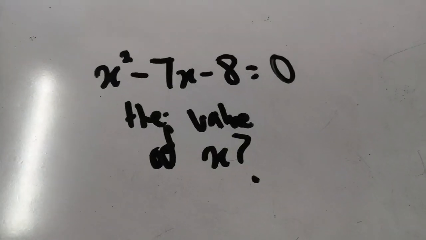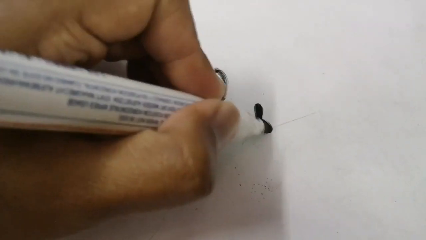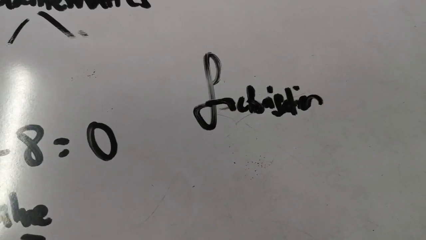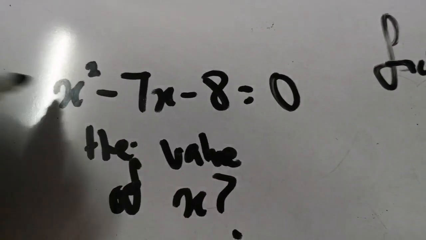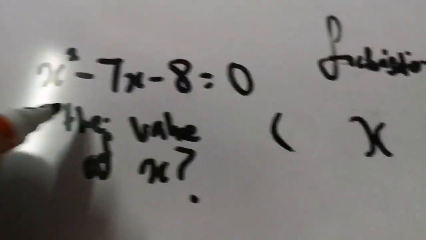At first, we use the process called factorization, so we factorize it. We separate it into 2 boxes. Don't forget to put the value of 0 at the end.